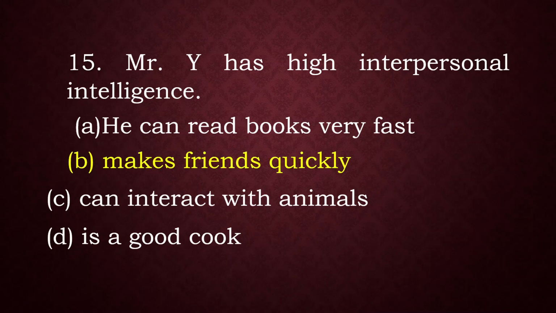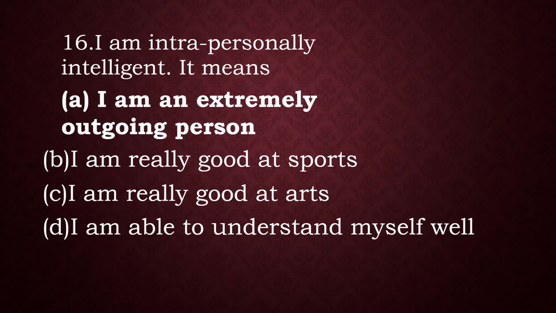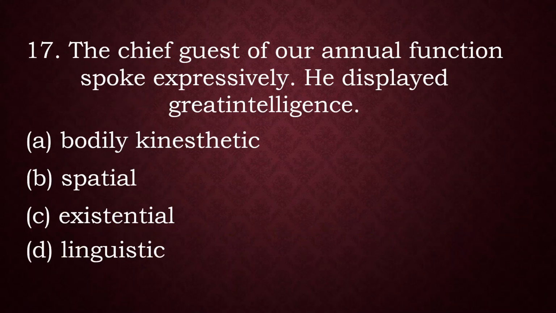He makes friends quickly. 16th, I am intrapersonally intelligent. It means I am able to understand myself well. 17th, the chief guest of our annual day function spoke expressively. He displays great linguistic intelligence.